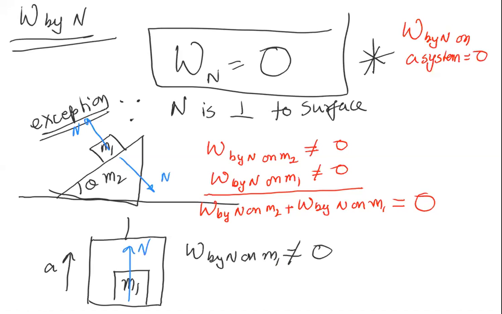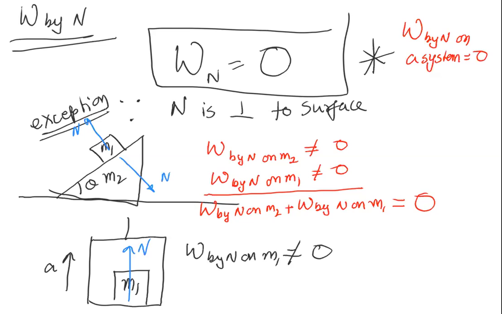Work done by normal reaction on M1 plus work done by normal reaction on lift is zero. लेकिन work done by normal reaction on M1 is not zero, क्योंकि M1 के ऊपर नॉर्मल रिएक्शन वर्टिकली अपवर्ड लगा है और इसका एक्सेलरेशन भी वर्टिकली अपवर्ड है. तो नॉर्मल रिएक्शन और जो लाइन एलिमेंट हम बनाएंगे उनके बीच का एंगल 90 डिग्री नहीं होएगा.